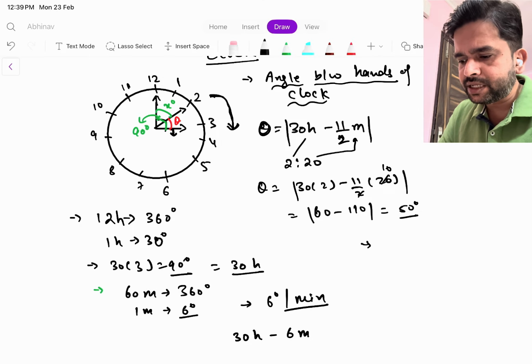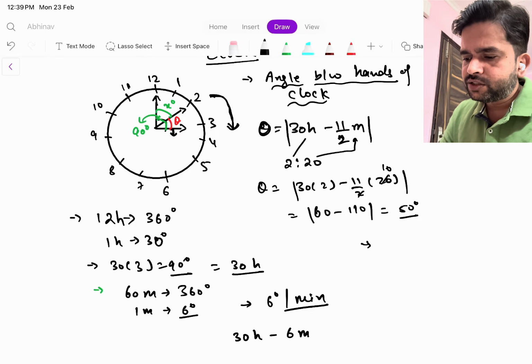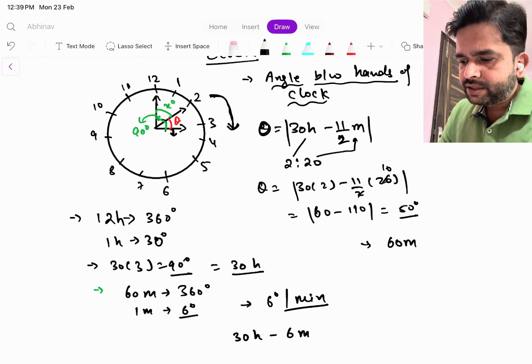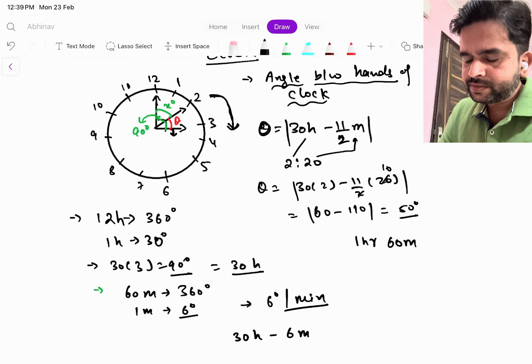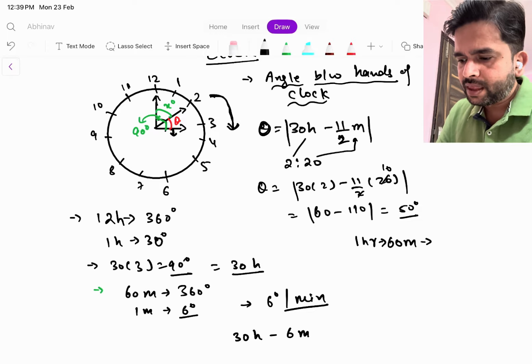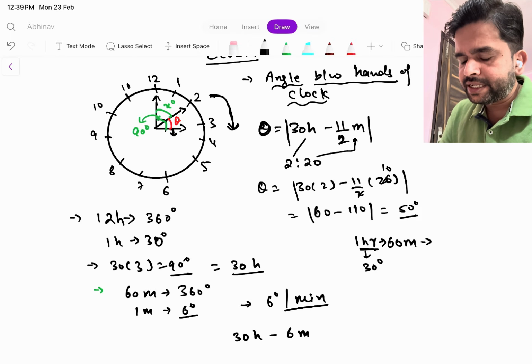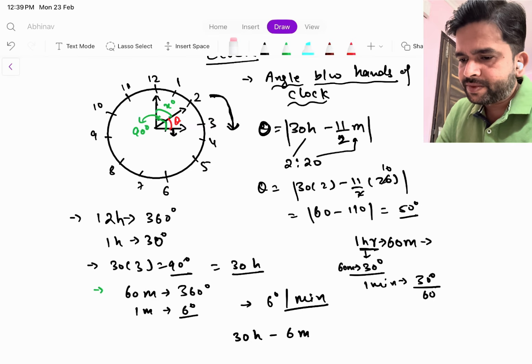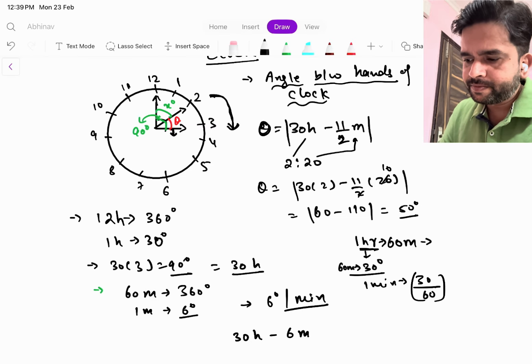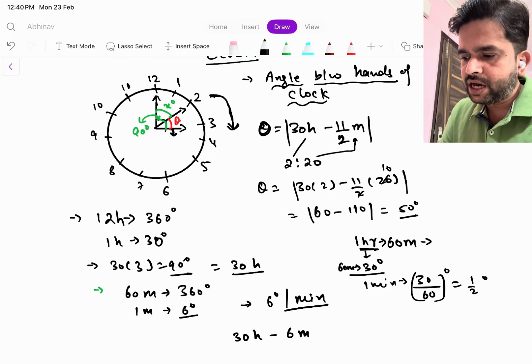Let us see how much angle our hour hand covers. So there are 60 minute in 1 hour and 1 hour comprises of 30 degree. So in 60 minute our hour hand covers 30 degree. So in 1 minute our hour hand covers 30 by 60, which is half degree.